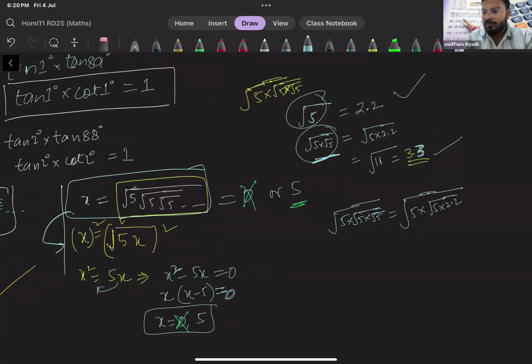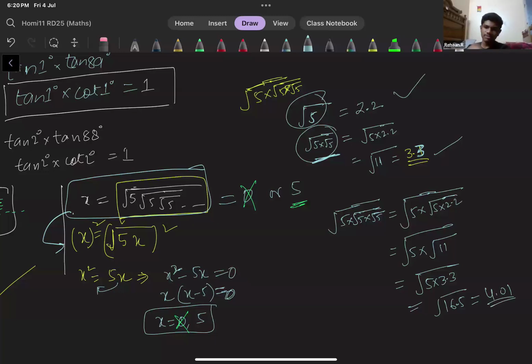And now if you simplify it, under root of 5 multiplied by 5 to the 10, 5 to the 11, and root 11 is nothing but 3.3. So 5 multiplied by 3.3 is 16.5, so the final answer's maximum value will be only 5. It can't be more than 5. It cannot be more than 5.